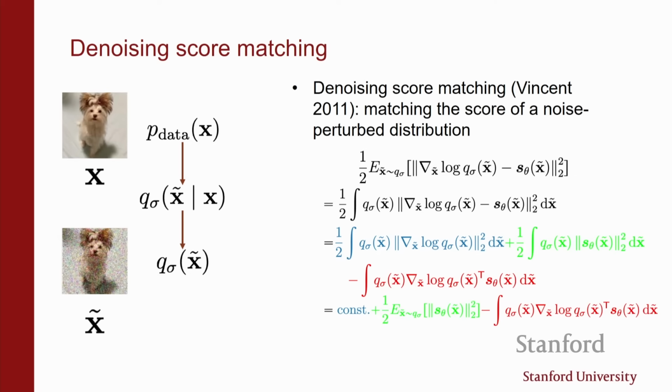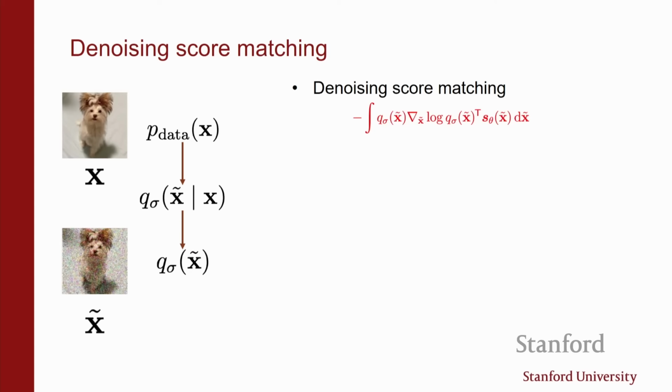So, okay, we ignore the blue term, it doesn't depend on theta, then we have this green term, which is easy, and then we have this red term, which is tricky, but we're going to rewrite it. Focusing on the red term, just like in the integration by parts trick, we can write the gradient of the log as 1 over the argument of the log times the gradient of the argument of the log.